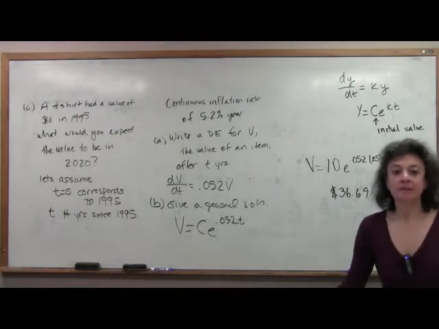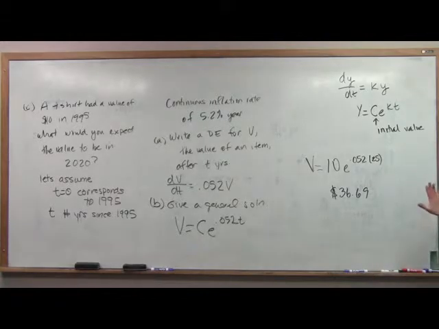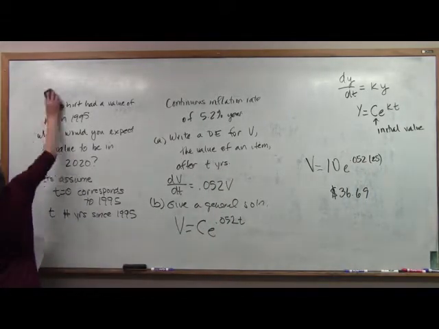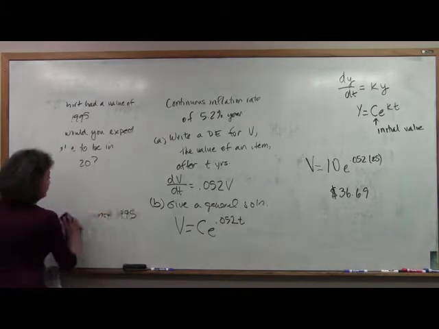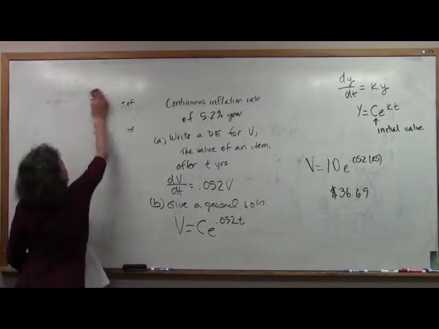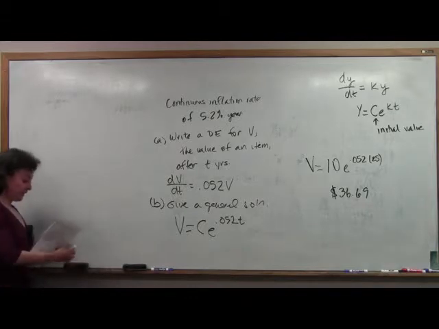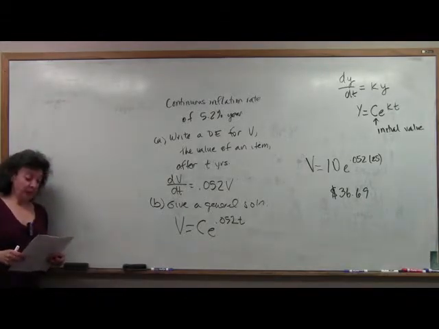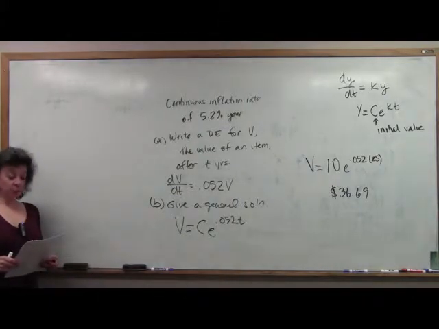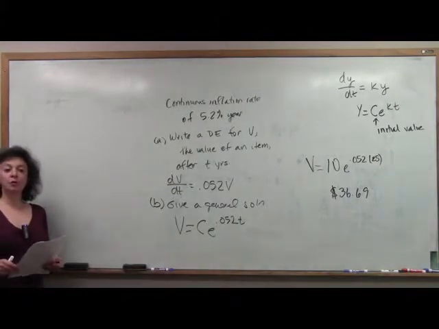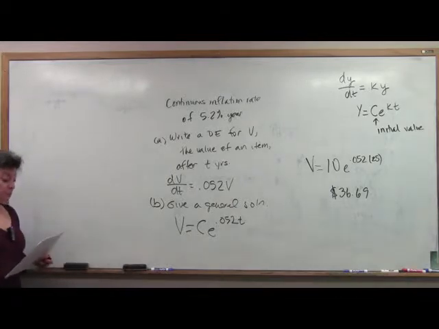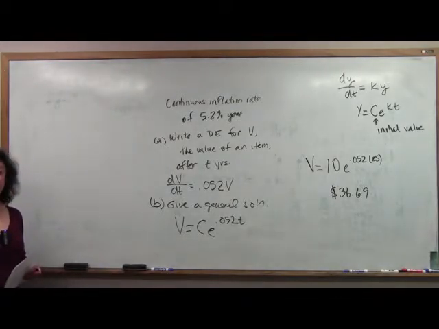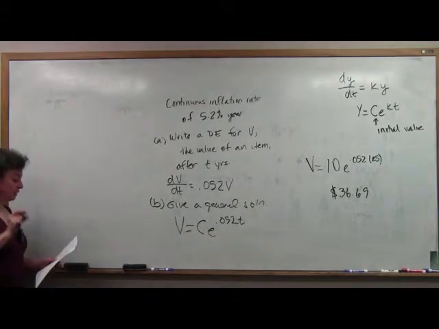All right, let's do one more example of this sort. What if I gave you this? Consider the population of a region where there is no immigration nor emigration. The rate at which the population grows is proportional to the size of the population.